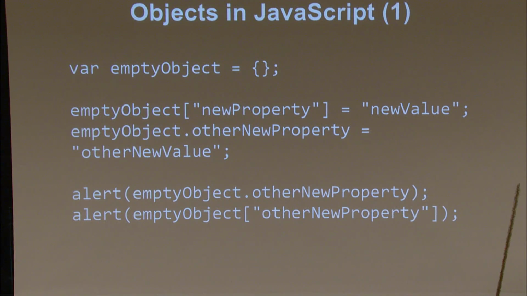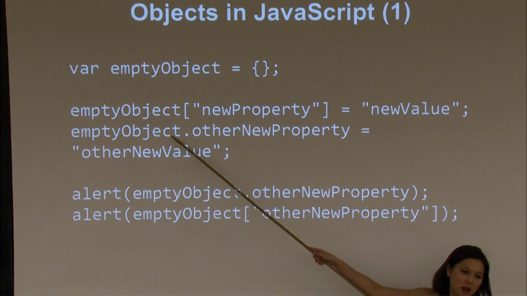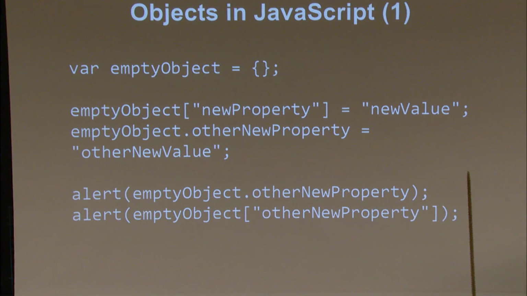In the same way that we did array2.length, this is saying, give me this attribute of this object. In the same way it was give me the attribute length of array2, this is saying give me some property of our empty object. Or in this case, we are assigning it to some value here, but you could also access it that way.